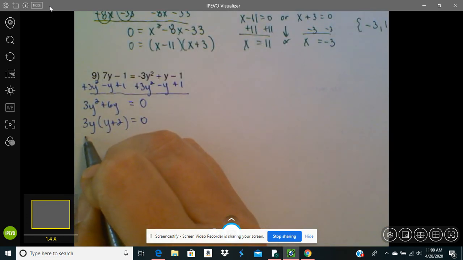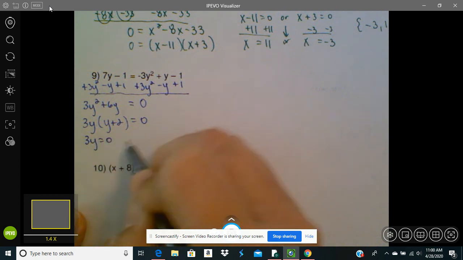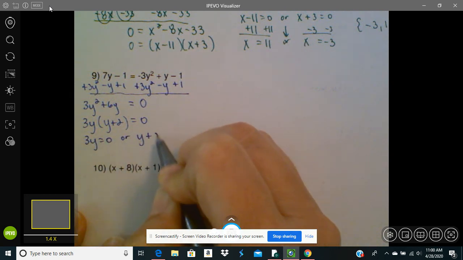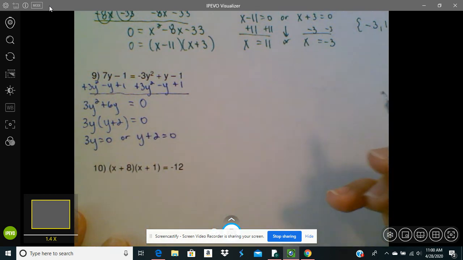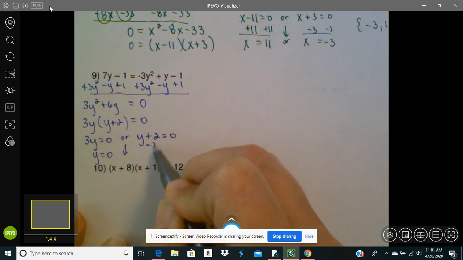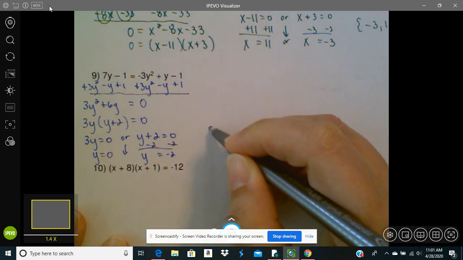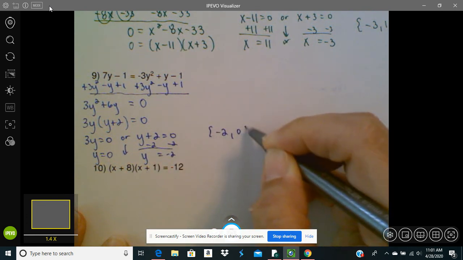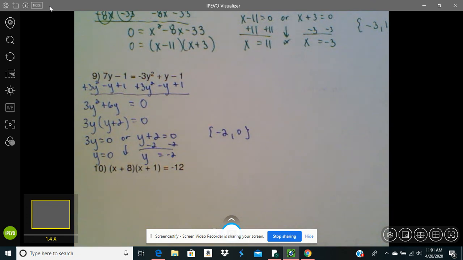So from here, I know that 3y equals 0 or y plus 2 equals 0. To solve this, we divide by 3. We get that y equals 0. To solve this, we subtract 2. We get negative 2. So my solution is negative 2 or 0. Oh my gosh, and now we're on the last one.